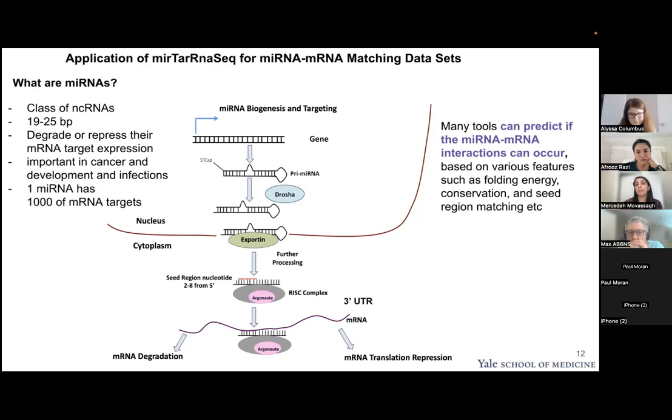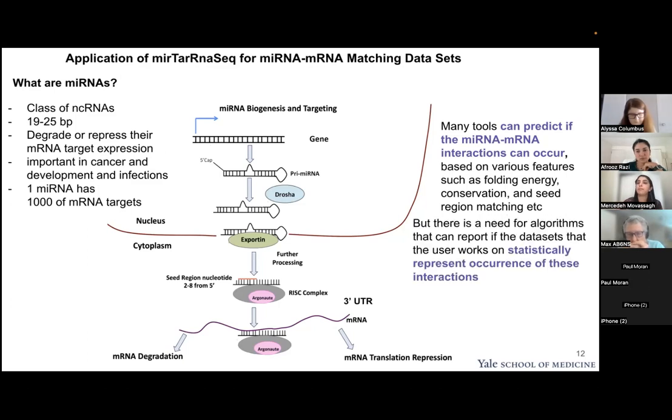However, the problem, as I said, is that one of those can target thousands of mRNA. So how do you really narrow down these potentially thousands of targets? How do you know in your specific data set what it is really targeting? So that's what Mirtar RNA-seq does. It provides statistical evidence of this microRNA mRNA interaction really happening.